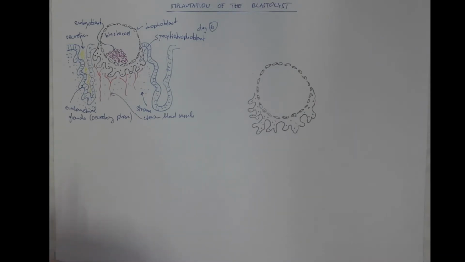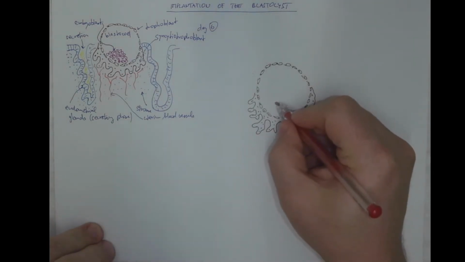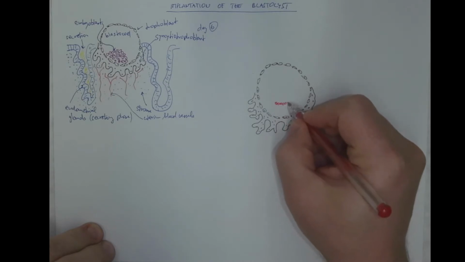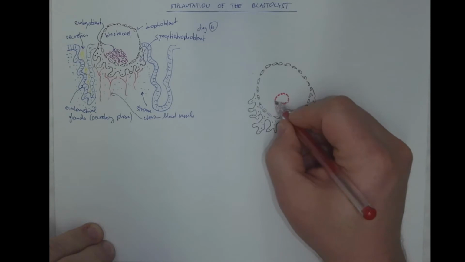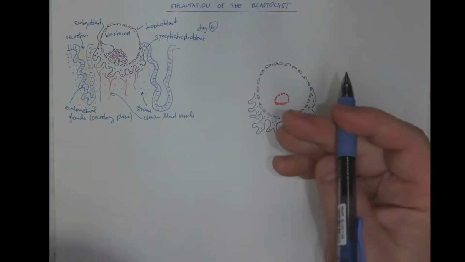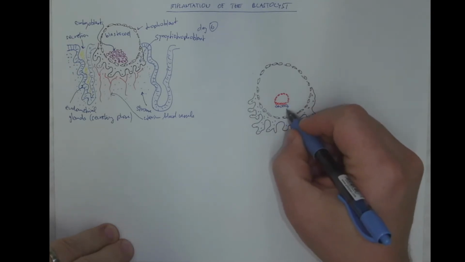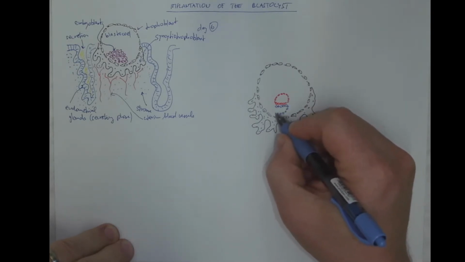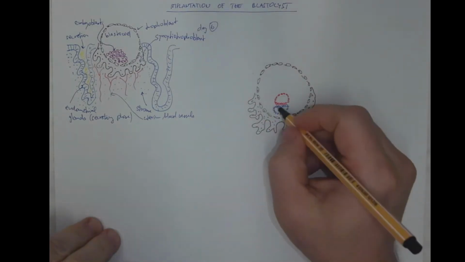And this embryoblast formed two vesicles. One that is called yolk vesicle, and it's lined with cells called hypoblast, and another vesicle called amniotic vesicle, lined with cells called epiblast. So let's add the nuclei.